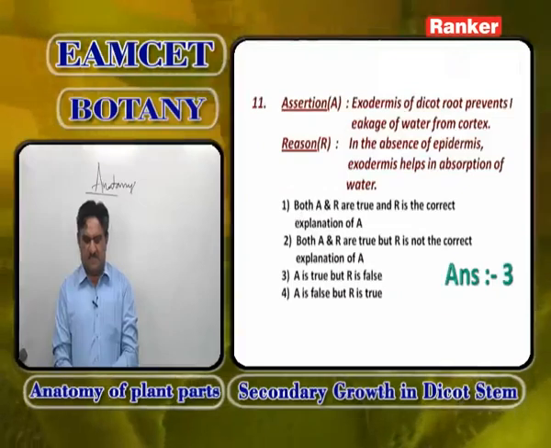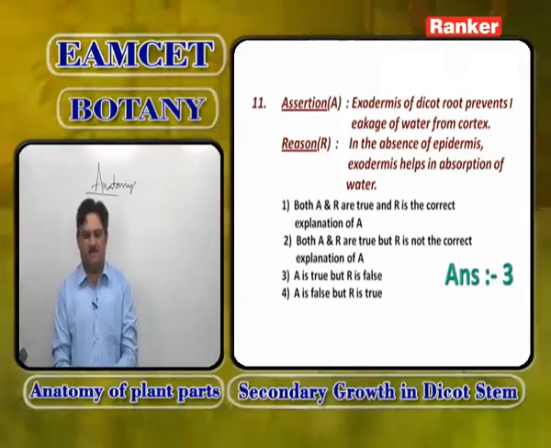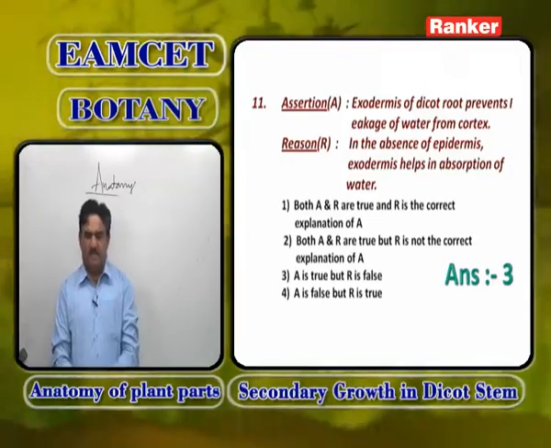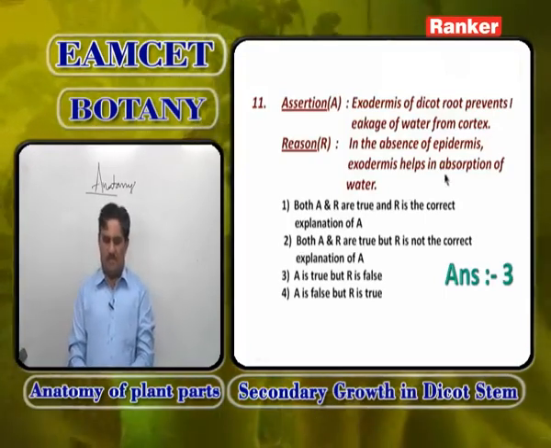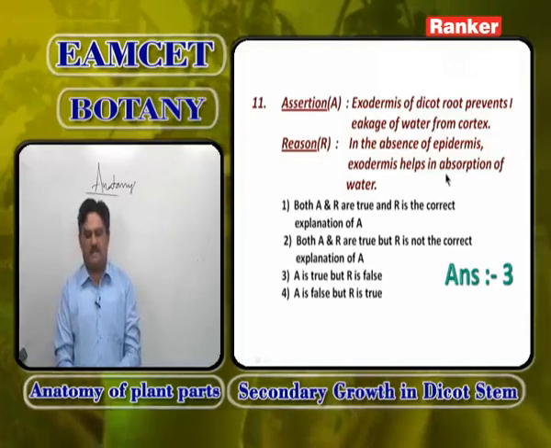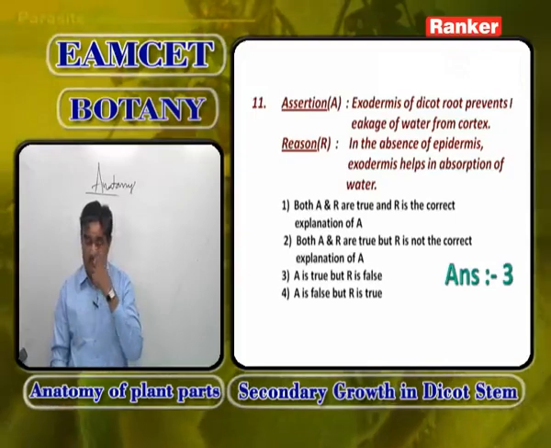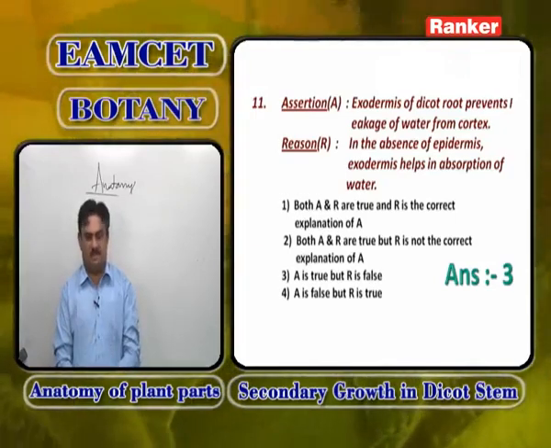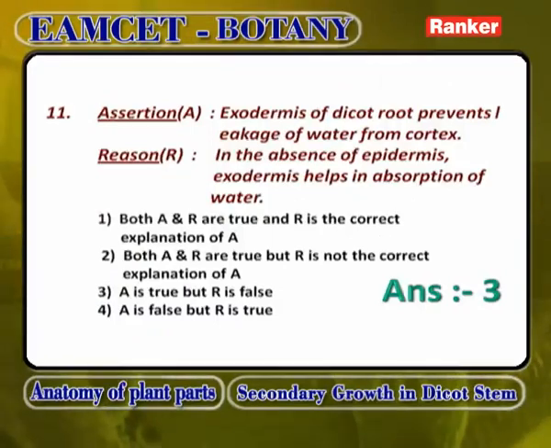The reason says that in the absence of epidermis, the exodermis helps in the absorption of water, which is wrong. So the assertion is correct but the reason is false. The third option will be the answer for this assertion and reasoning question.